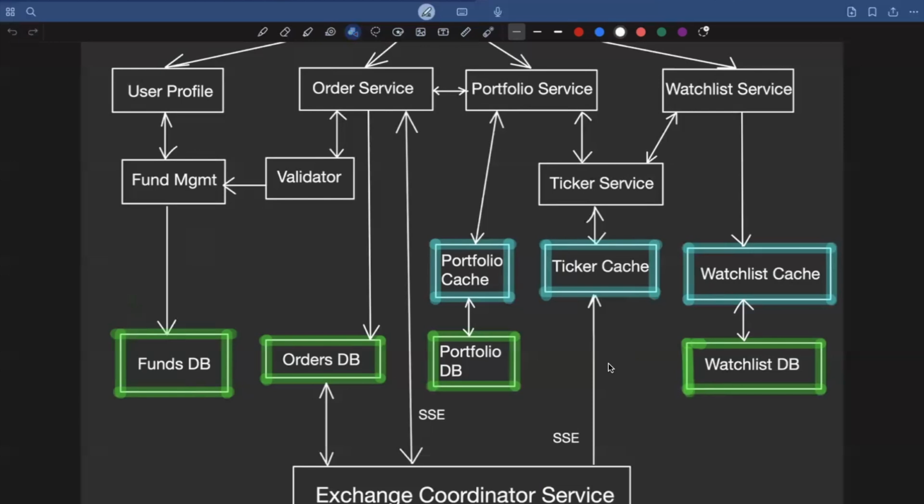The portfolio service or the watch list service will send the request to the ticker service asking for the price update for a specific set of stocks for a user, and the ticker service will retrieve the data for those stock values and send it to the portfolio service. And the portfolio service will store the data in the portfolio DB and portfolio cache.